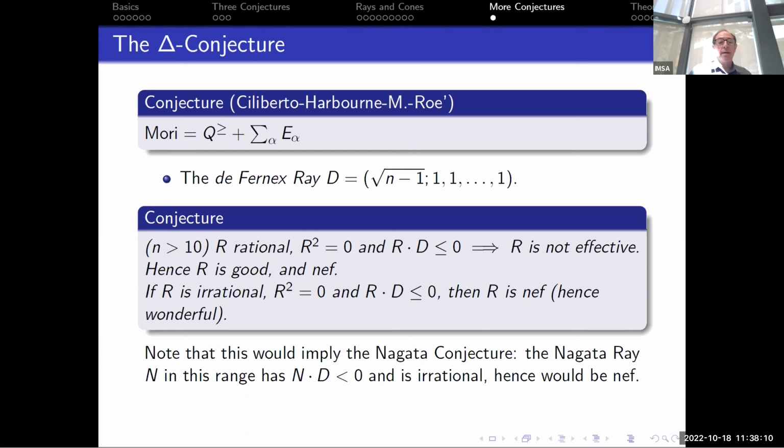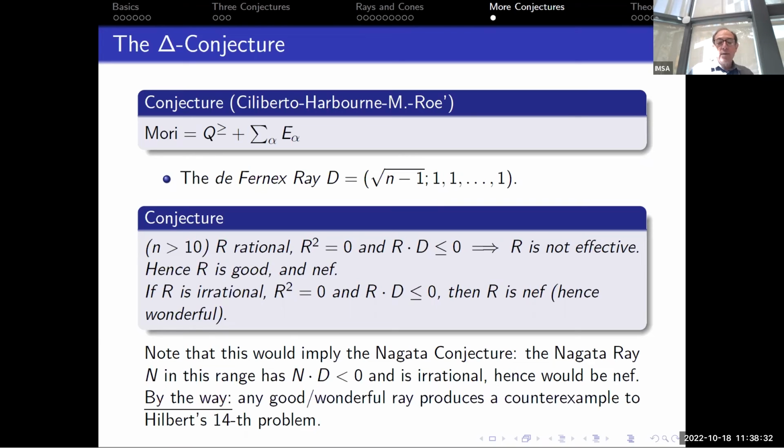These conjectures would imply the Nagata conjecture, and the Nagata ray in this range bigger than 10 points does meet the de Fernex ray negatively, is irrational, hence would be Nef, according to this. So these conjectures are stronger than the Nagata conjecture.